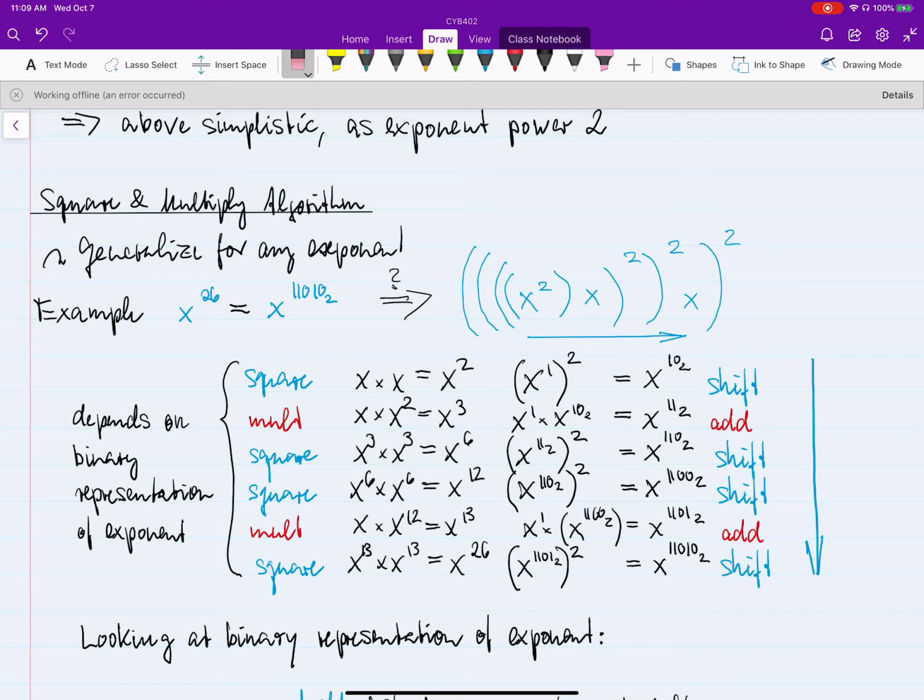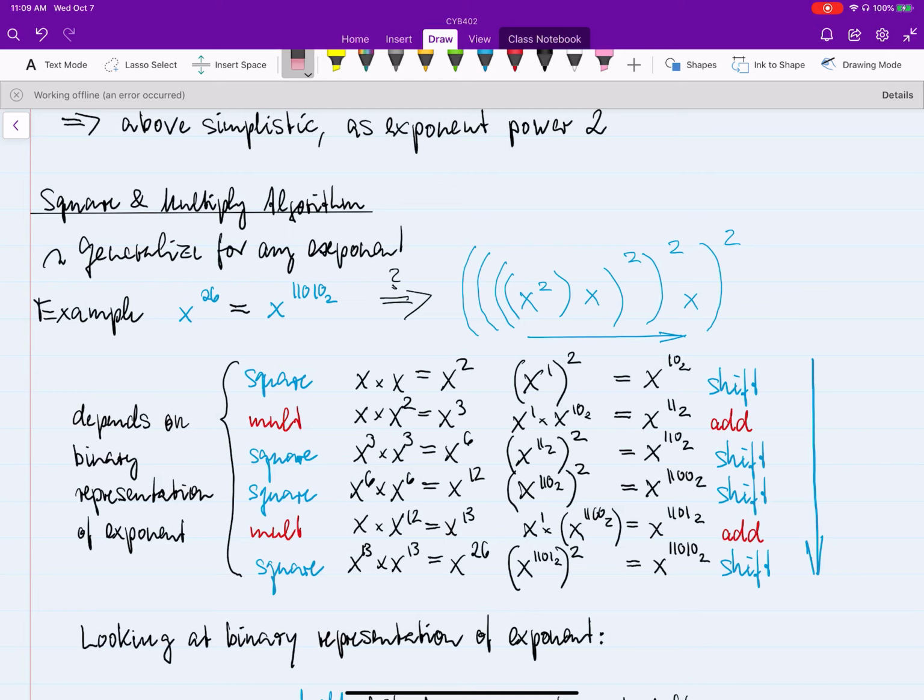So you see that x to the 26 is x squared. Then we multiply x squared times x, which is x to the third, x cubed. Then we square x cubed, which is x to the sixth. Then we square x to the sixth again, which is x to the 12th.